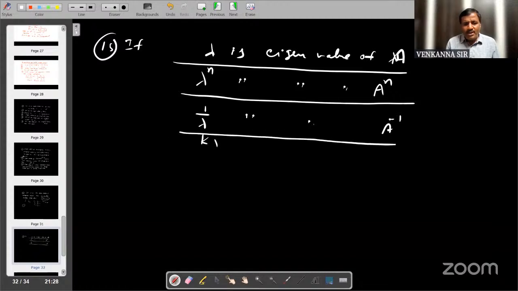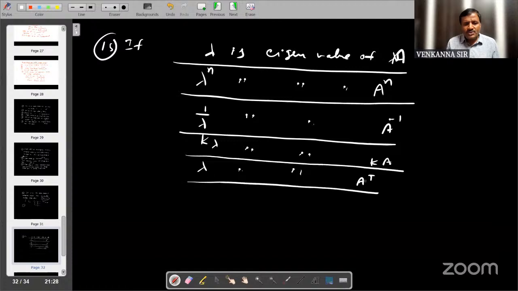K lambda is an eigenvalue of kA, and the same lambda is an eigenvalue of A transpose. A and A transpose contain the same eigenvalues.